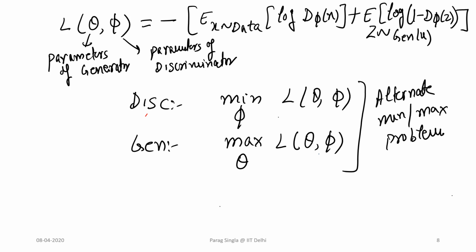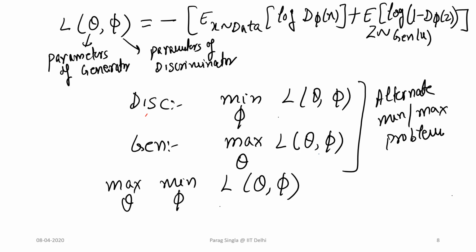So an alternate way to write this would be that we want to maximize over theta parameters, and we want to minimize over phi parameters of L theta comma phi, right? And typically, the way it is solved is to alternate between this minimization and maximization problem, right?